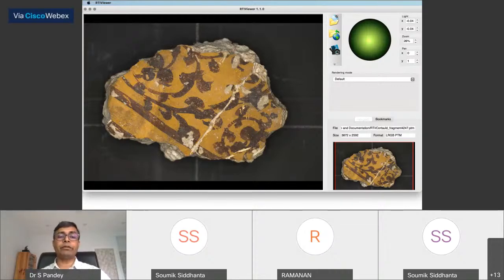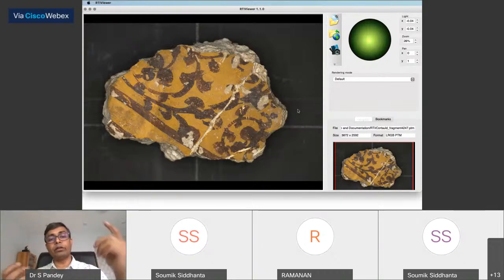Now, in polynomial texture mapping, you needed to supply the direction and angle of light in the XYZ directions. But when the reflectance transformation imaging software was developed, all you need to do is to keep two shiny snooker balls in the field of view of the camera and image.